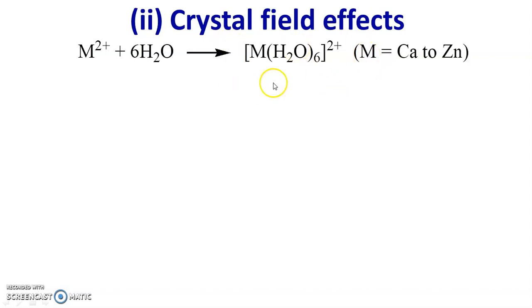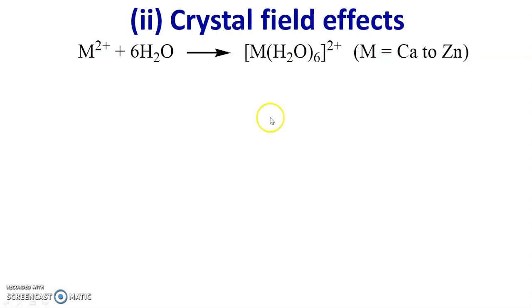Now the stabilities of the formation of these aqua complexes change from calcium to Zn. In the earlier video we have seen that the stability of a complex depends upon the size of the metal ion. The smaller the size, the greater is the stability of the complex. Stability and size are inversely proportional, as we have seen.